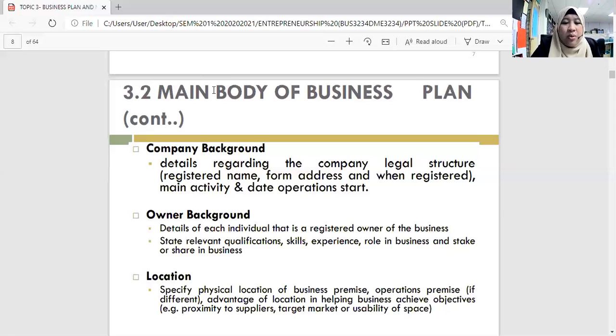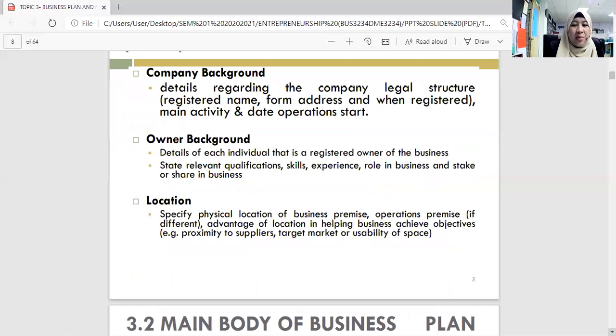And we move also to the location. Specify the physical location of the business premise and operation premise, if different. Somehow your operation location can be totally different from your business premise, so you also have to mention the advantage of the location, why you choose that location to help with the business objective.